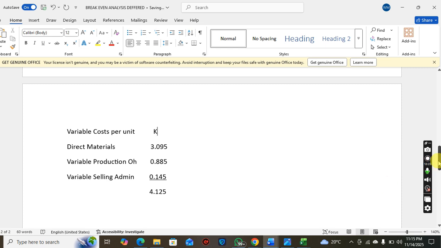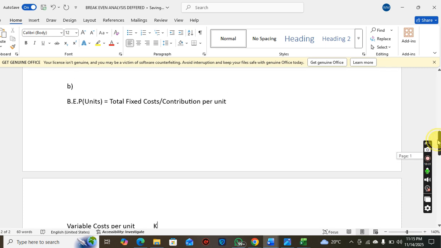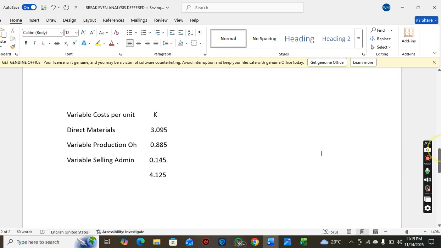Any questions before we get the contribution per unit? No, so far so good. Contribution per unit, selling price per unit minus variable cost per unit.